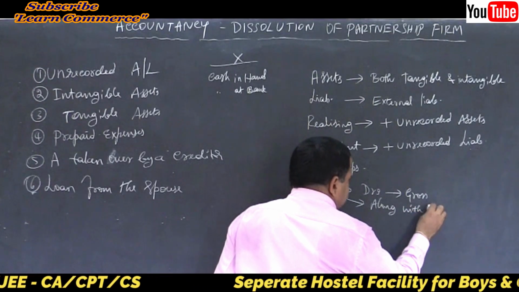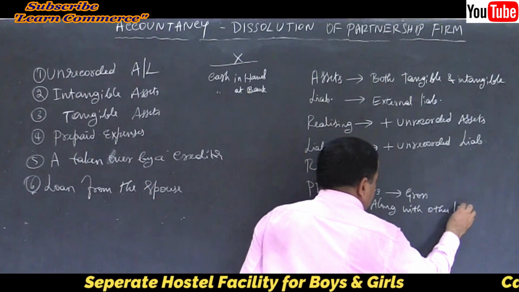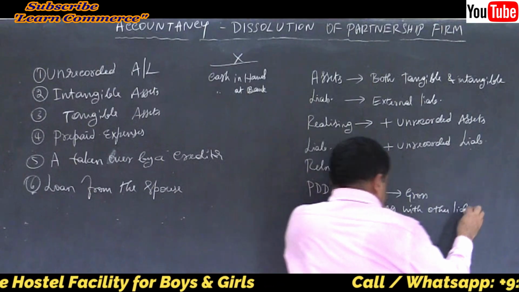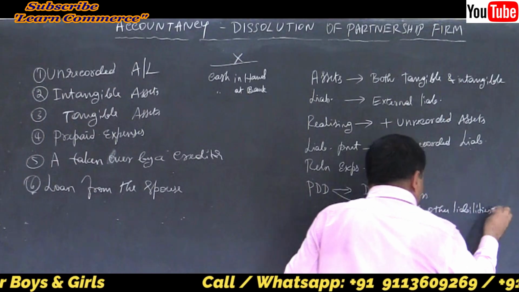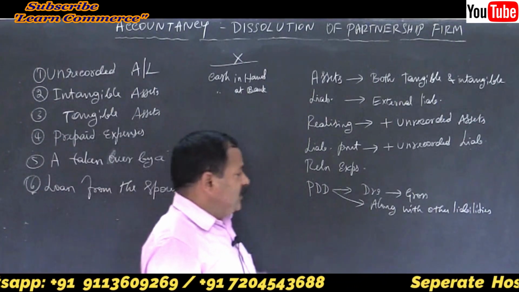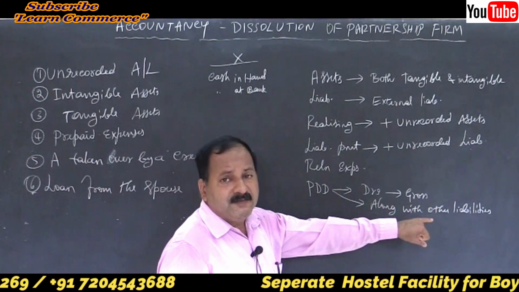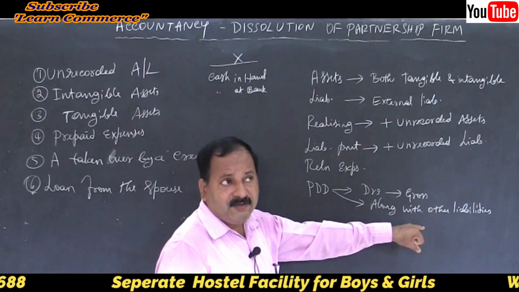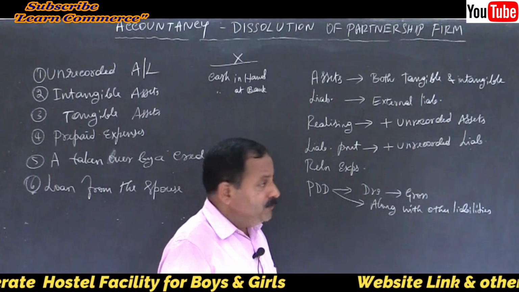Am I correct? Along with other liabilities we have to transfer. So, debtors gross, and along with other liabilities we have to transfer the provision for doubtful debts. That's what you have to do.